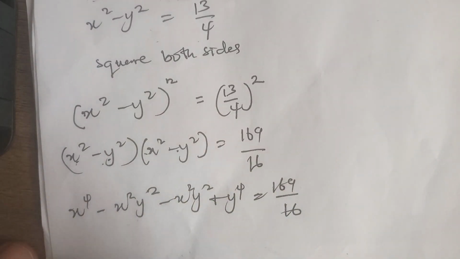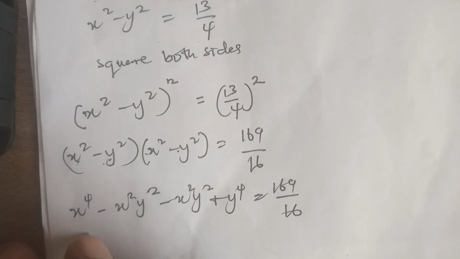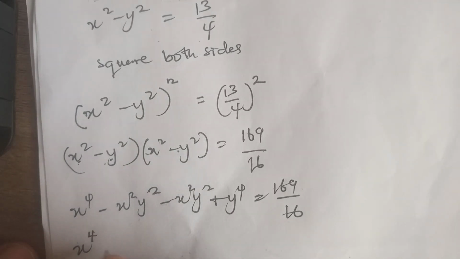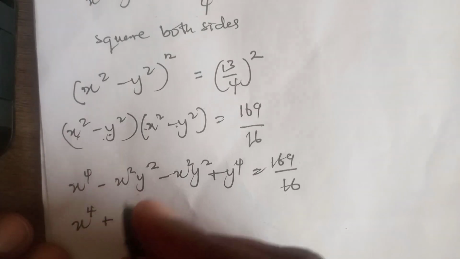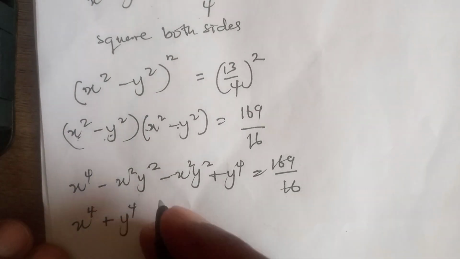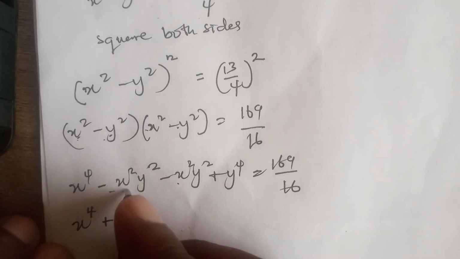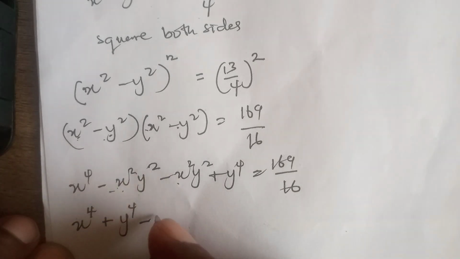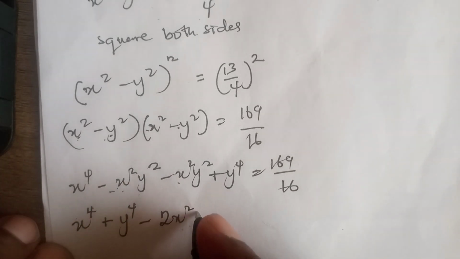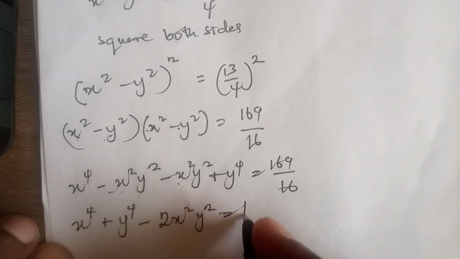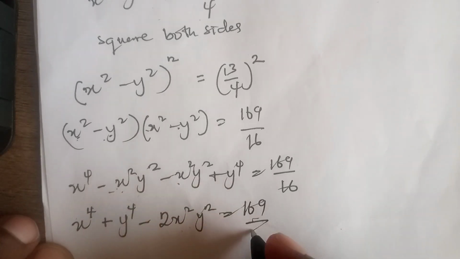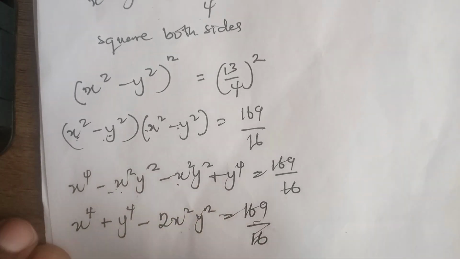So let us bring them together: x raised to power 4 plus y raised to power 4. Then these two are the same, so this is minus 2x squared y squared equals 169 over 16.